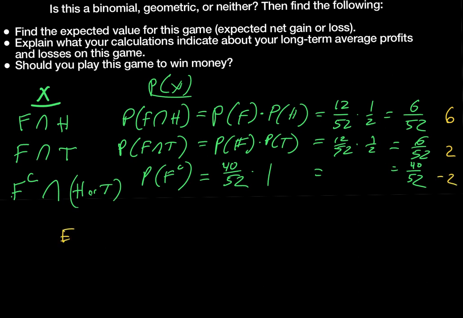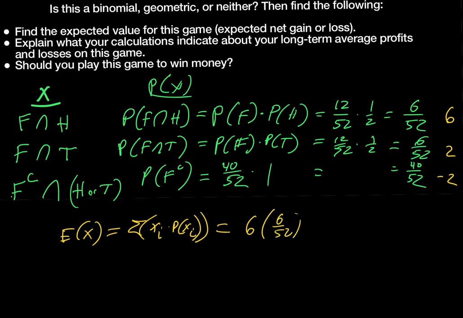So expected value of any probability distribution is the sum of each x times its probability of happening, which means I take each x, $6, times 6 over 52, plus $2, because that's a winning 2, times 6 over 52, and then minus 2 times 40 over 52.